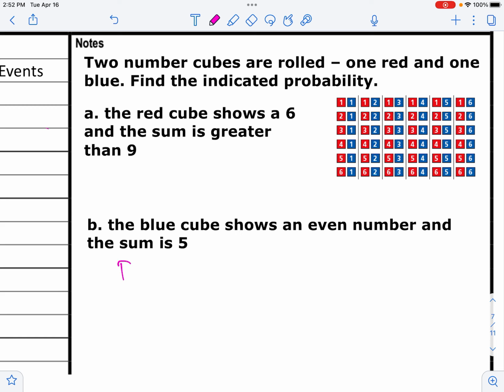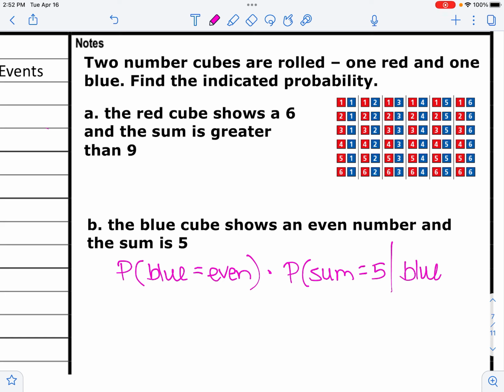So we want to, these are dependent events, so probability blue is even times the probability that the sum equals 5, given that blue is even. That's how we have to find this.